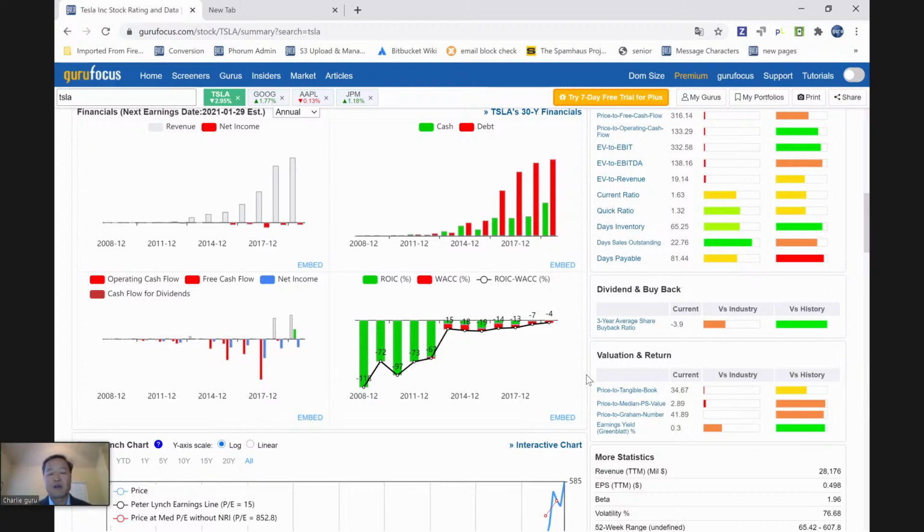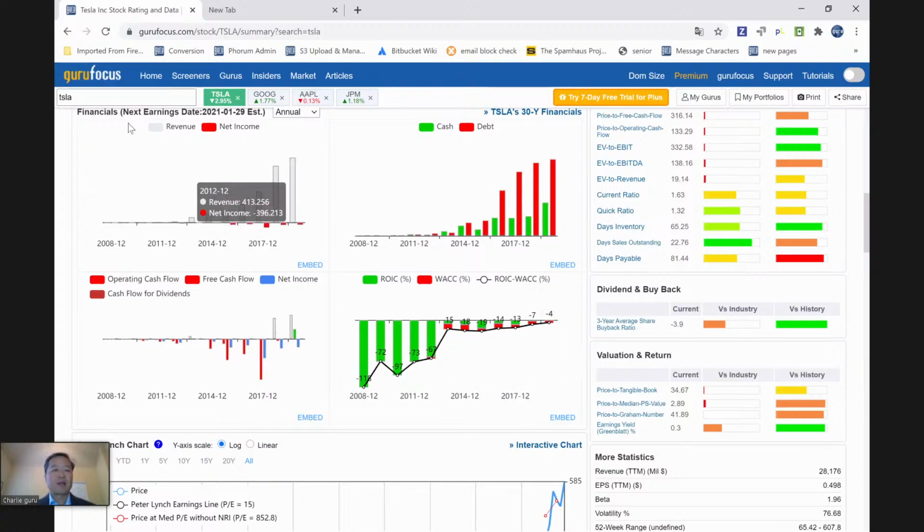And of course, they have cost of capital as they borrow. Even today, Tesla is profitable. It's making money, as you can see from this chart. But their return on invested capital is still lower than their cost of capital.